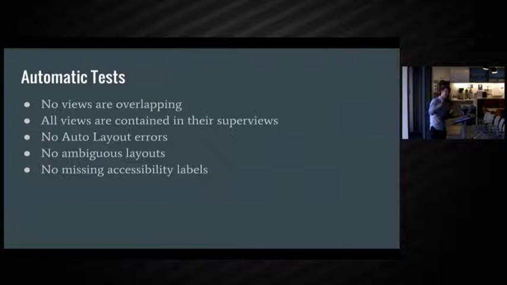I actually really like this last one, because adding accessibility to applications is pretty easy, but I feel like most people don't do it because they either forget or are a bit lazy. So what this does is it makes sure that all the UI controls in the view have an accessibility label, so accessibility users can access them.